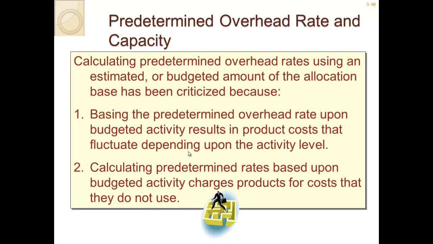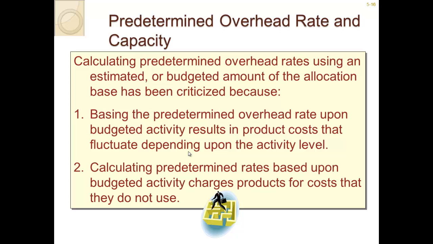When you're calculating your predetermined overhead rate, you're using an estimate or a budget amount of the allocation base. This has been criticized because basing the predetermined overhead rate upon budgeted activity levels results in product costs that fluctuate depending on activity level. Also, calculating predetermined rates based upon budgeted activity charges for costs that they do not use.